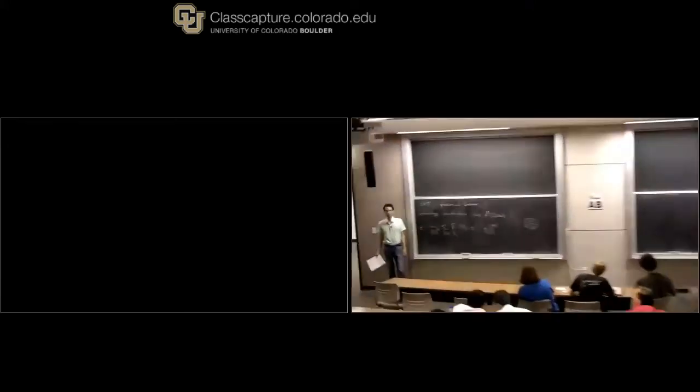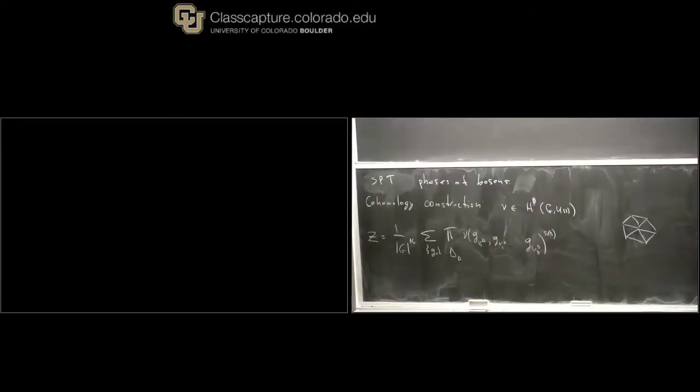Remember last time we started talking about invertible phases with a global symmetry, and we introduced the notion of symmetry-protected topological phases. For bosons there is this construction going back to Dijkgraaf and Witten that's now known as the cohomology construction of SPT phases of bosons.